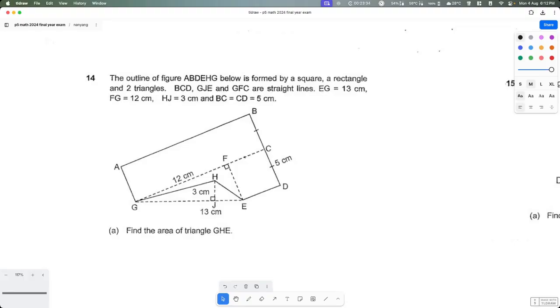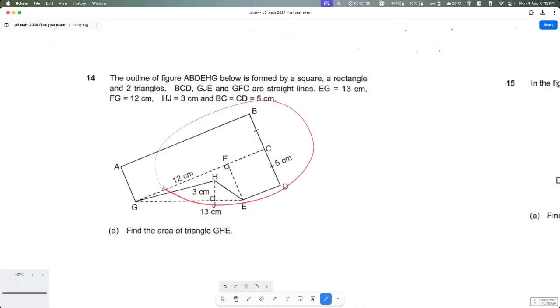Question 14. It says the outline of the figure ABCDEFGH is formed by a square, a rectangle and two triangles. So this triangle and this triangle. Wow, that's a lot. BCDGE and GFC are straight lines.